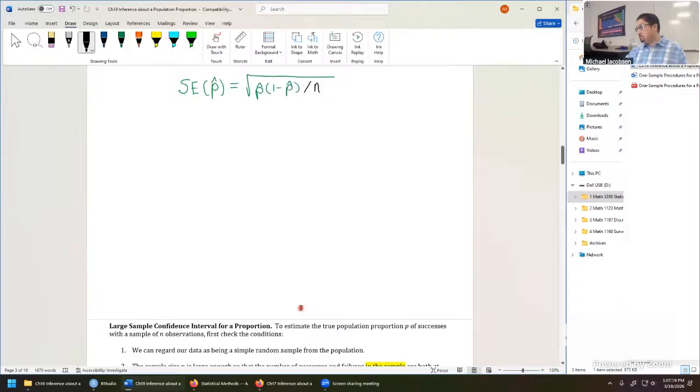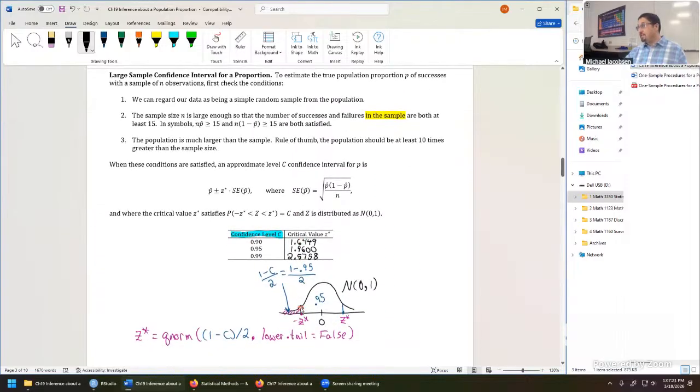So with that structure, here's the entire method. It actually fits on one page, no scrolling. If we want to estimate an unknown population proportion p of successes, we draw a random sample of size n and check three different conditions. On condition number 1, we'll briefly comment.